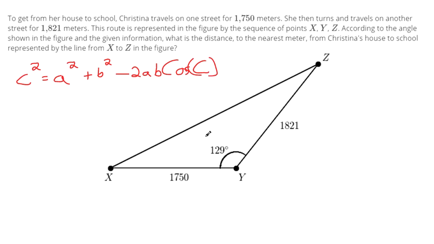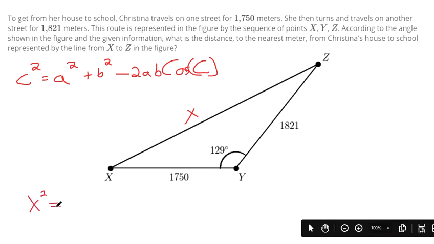They're just basically summarizing what these numbers come from. What is the distance from Christina's house to the school, represented by the line from X to Z? We're asked to find this. Wow, it's a bad drawing, but we need to find this. So that's a side length. That's what we're trying to find. So that's what our lowercase c is going to be.